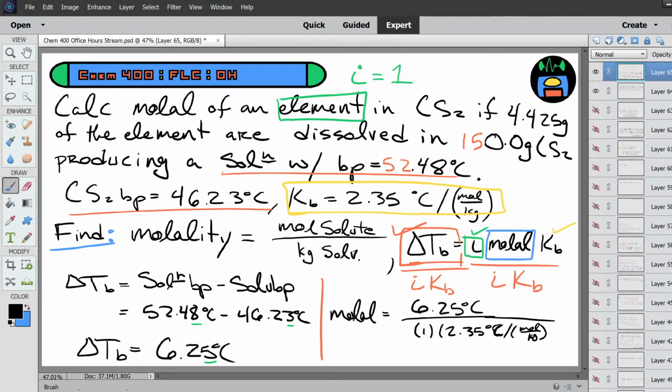So 6.25 divided by 2.35 gives us a molality of, keeping 3 sig figs, 2.66.